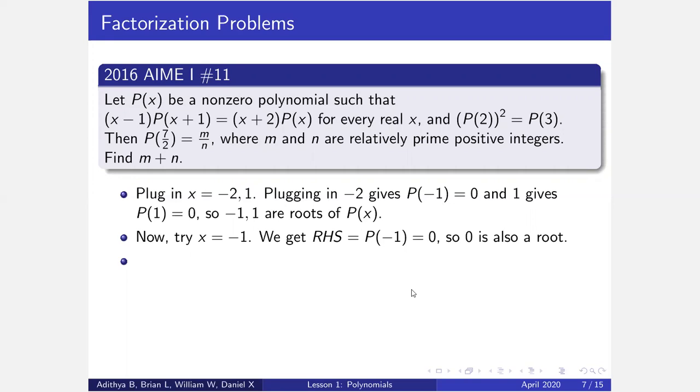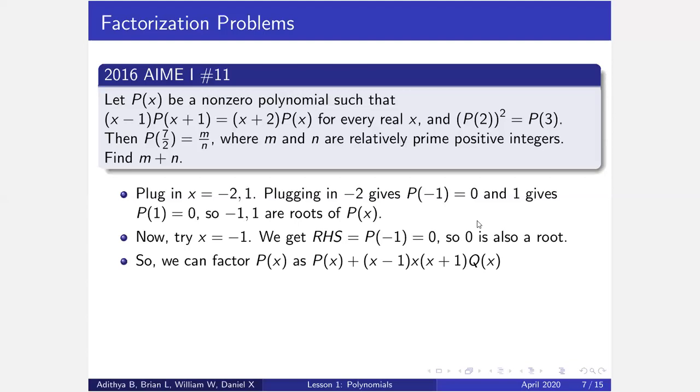So this allows us to factor p in the form of some polynomial, let's say q of x times x minus 1 times x plus 1. That should be an equals.